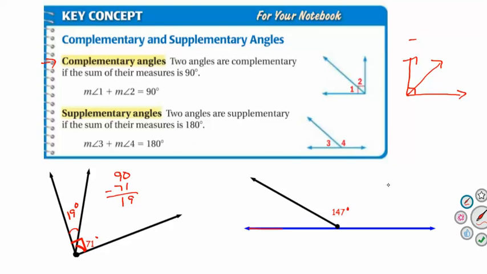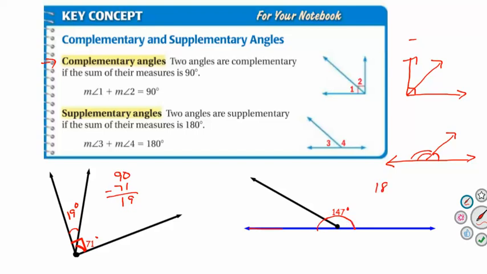The other one is supplementary. Supplementary starts with 180 degrees, or a straight angle, and it breaks it into 2 angles. So those 2 angles together, this angle here and this angle here, would have to add up to 180 degrees. If I'm telling you from here to here is 147, and I want to know what this is, together they have to add up to 180.